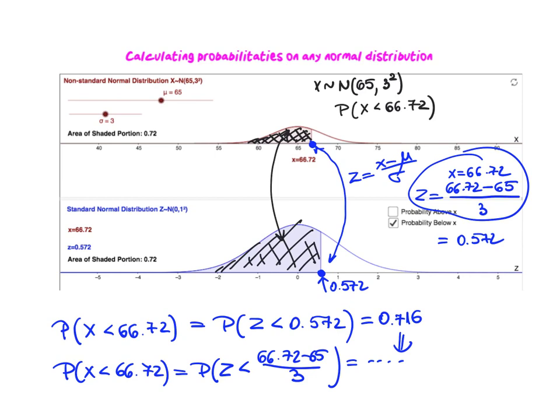If you want, you can write this as phi of 0.572. It does not matter in which way you write. My advice is to always rely on the diagram so that you understand and you remember. Once you practice many times, you remember the connection between those two distributions.